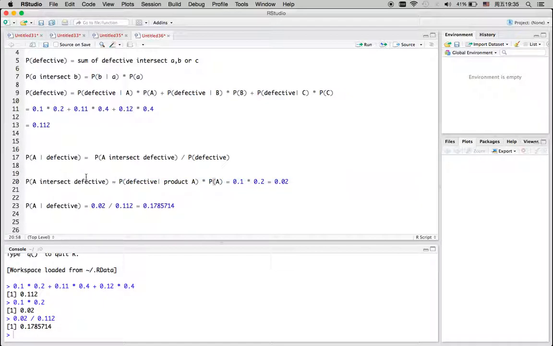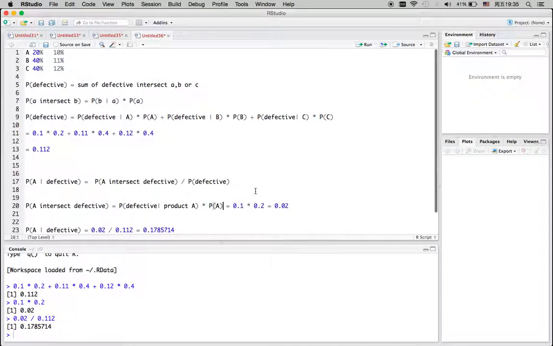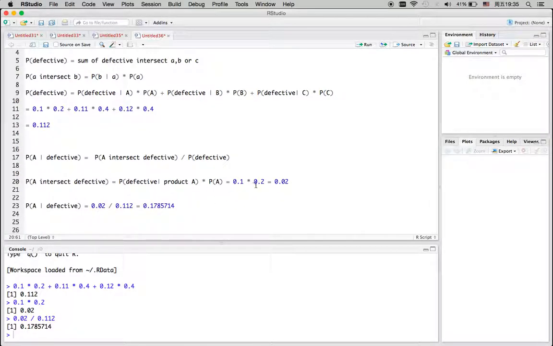So this will be the probability of defective given that it is from product A multiplied by the probability of product A. So we also have the numbers in the question, which is 0.1 multiplied by 0.2, and then we plug in the numbers for the numerator and denominator. Then we have the probability that, given that a product is defective, this product comes from group A.